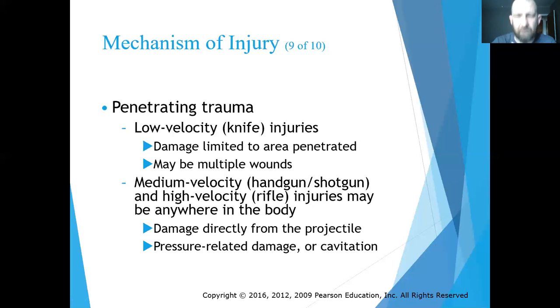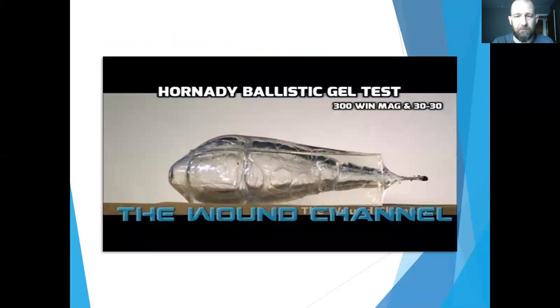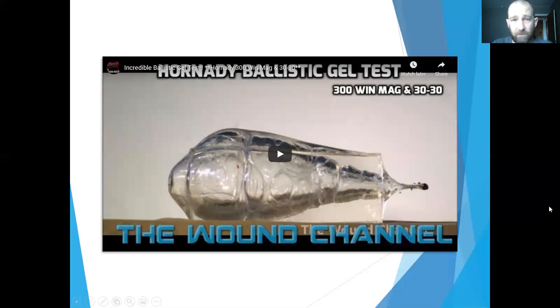To understand cavitation, we have this video to watch. There is something called ballistics gel. As you can see on the screen, it's this clear gel that simulates flesh. It's got the same kind of resistance as flesh, so we can watch these videos and assume what's happening in the body.